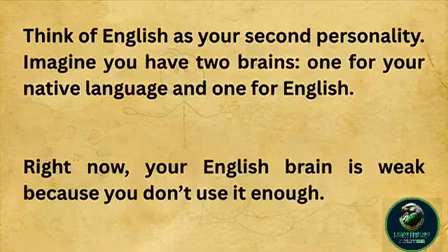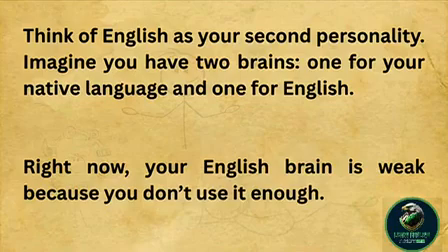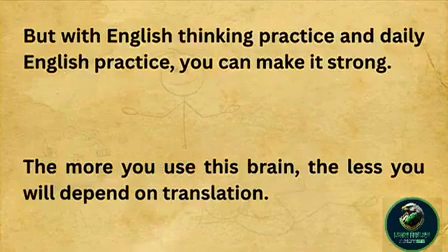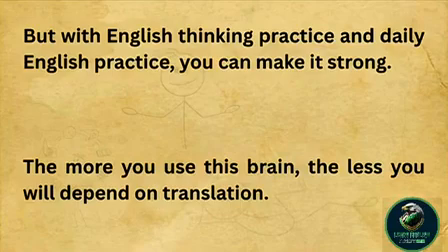Imagine you have two brains, one for your native language and one for English. Right now, your English brain is weak because you don't use it enough. But with English thinking practice and daily English practice, you can make it strong. The more you use this brain, the less you will depend on translation.